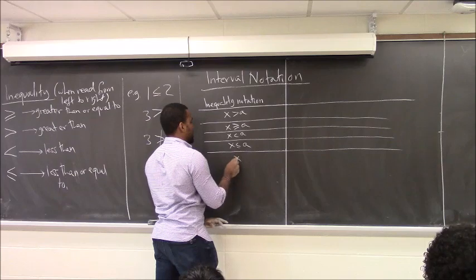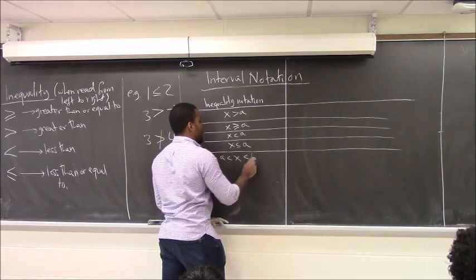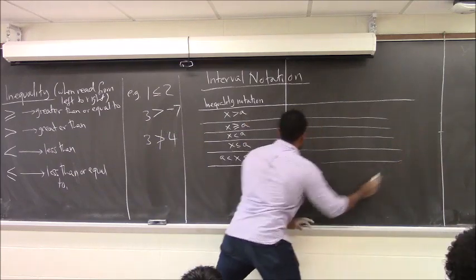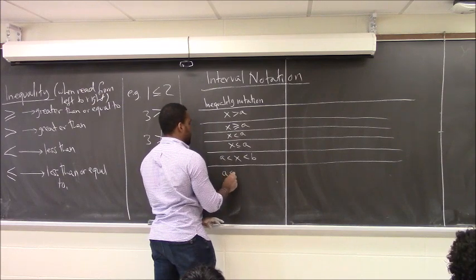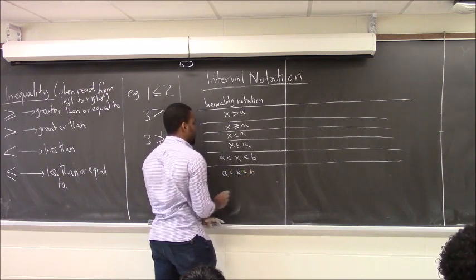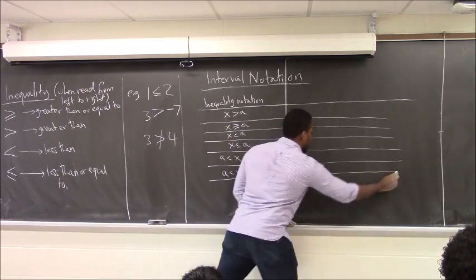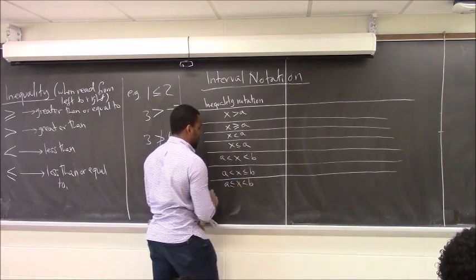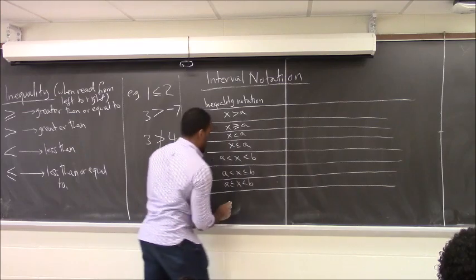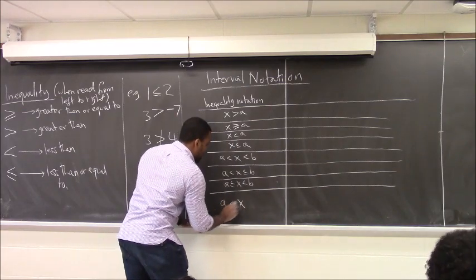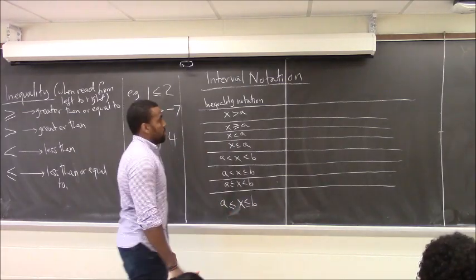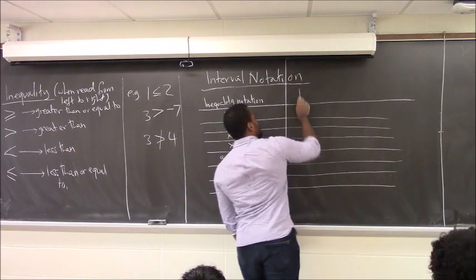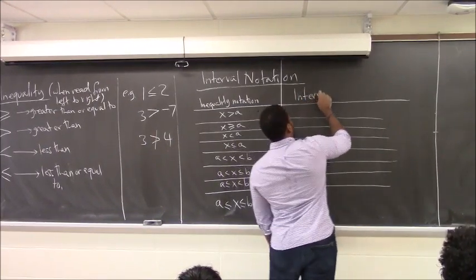I can say x is between a and b. I can say x is between a and b but potentially equal to b. I can say x is between a and b potentially equal to a. I can also say x is between a and b potentially equal to either of them. These all have a corresponding notation called interval notation.